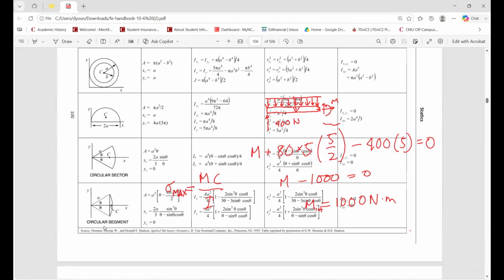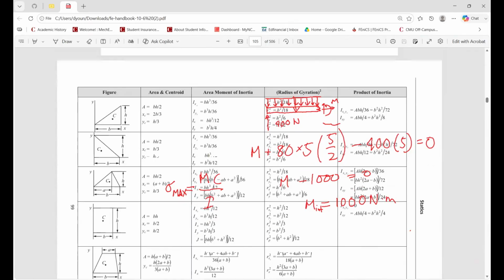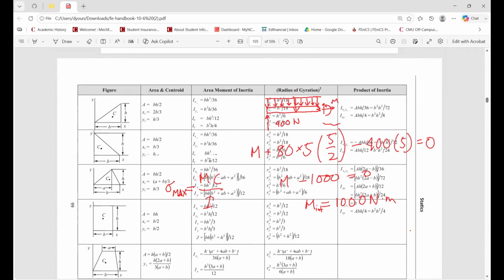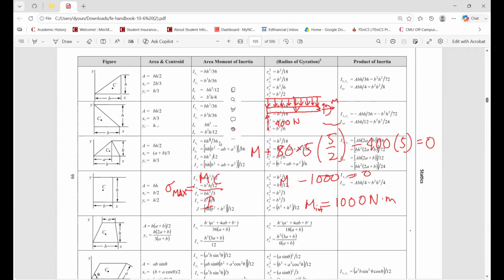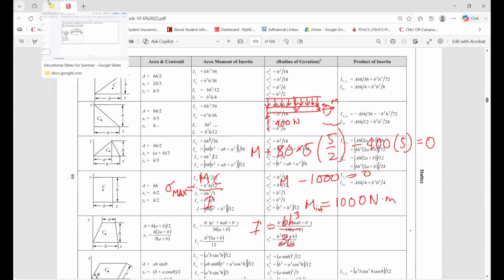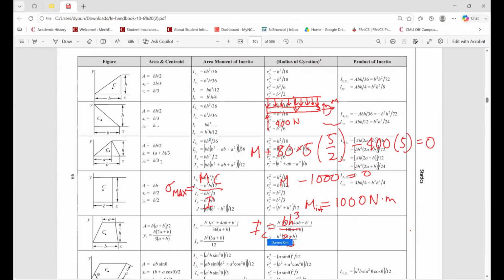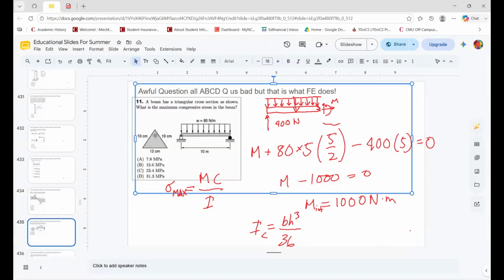So go all the way up here, go over here, realize it is B over H. So I is equal to BH cubed divided by 36. And that is at C, which is what we're looking for. And the C is H divided by 3, as I said. So we need to get the height of this.